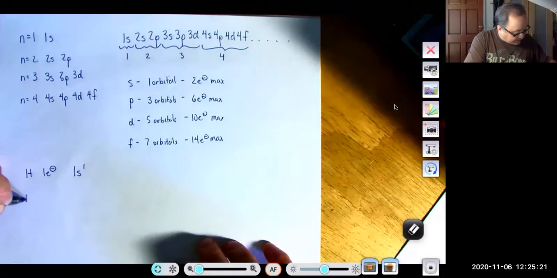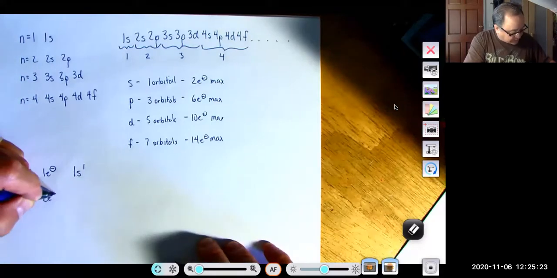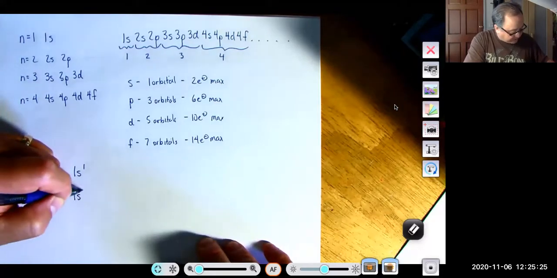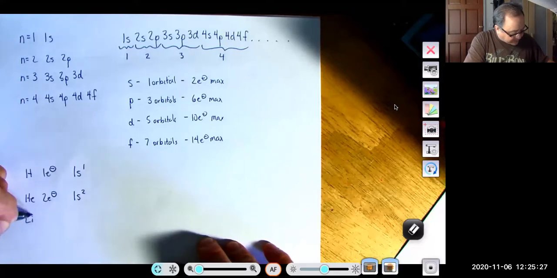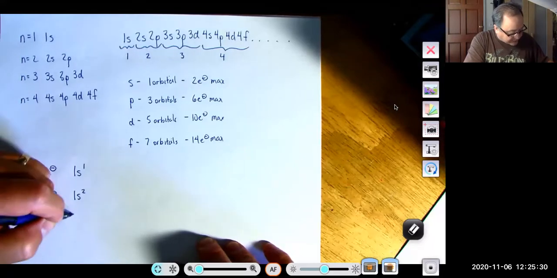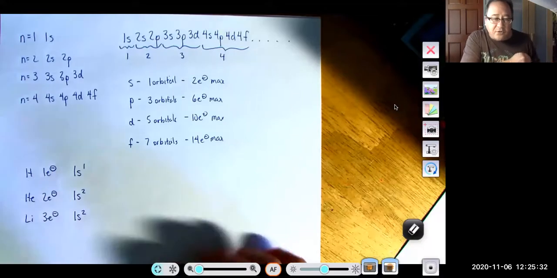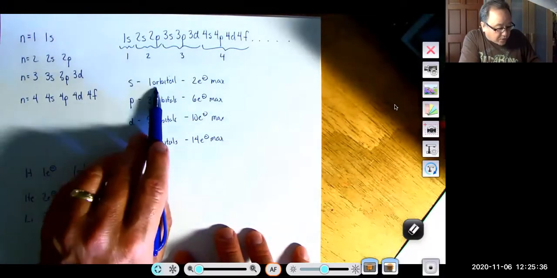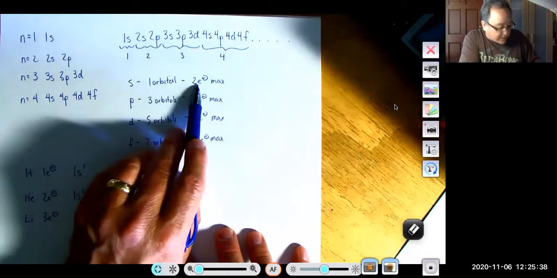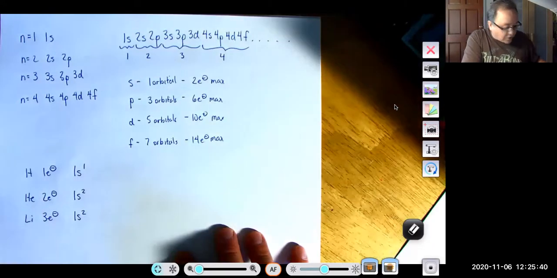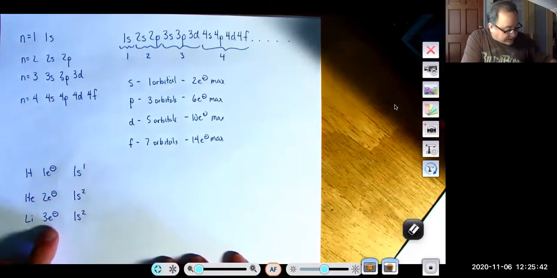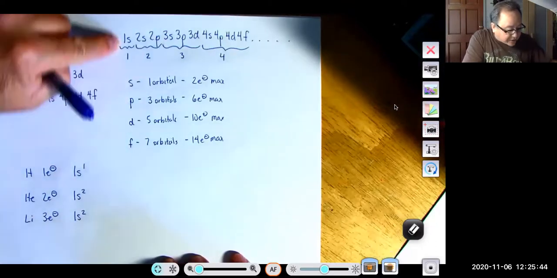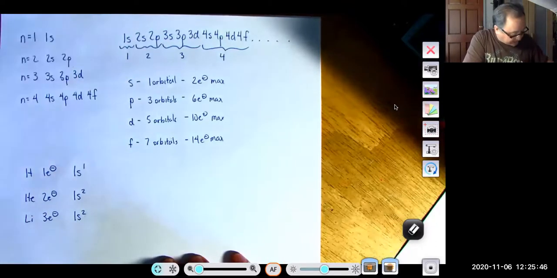And for helium, which has 2 electrons, we say 1s2. And for lithium, which has 3 electrons, we say 1s2. We can't put all 3 into the 1s because this 1s has 1 orbital and you could only put 2 electrons in there maximum. So we have 1 more electron to put into this configuration, so we put it into the 2s.